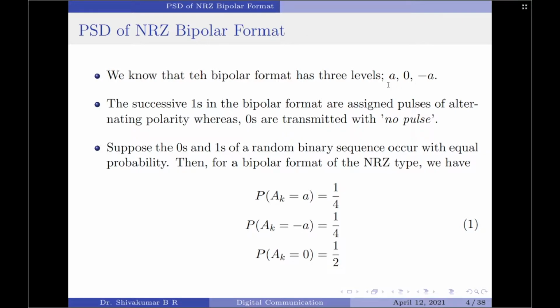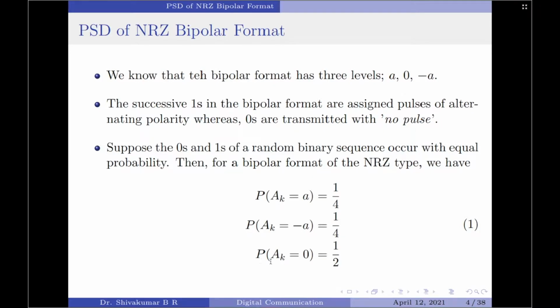Now, since we have symbol 1 representing two amplitudes alternatively, that is A as well as minus A, we note that the probability of amplitude of symbol K, which is AK equals A, equals 1 by 4. Very similarly, probability of AK equals minus A is also 1 by 4. Now these two combined together represent symbol 1 because we have a positive and negative pulse representing symbol 1.